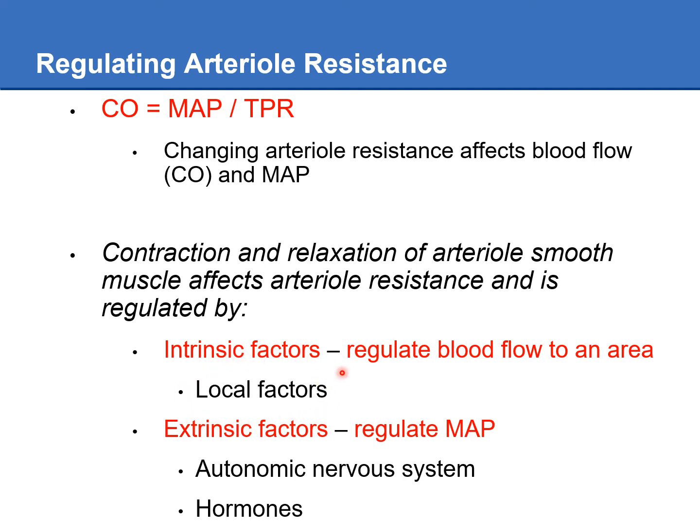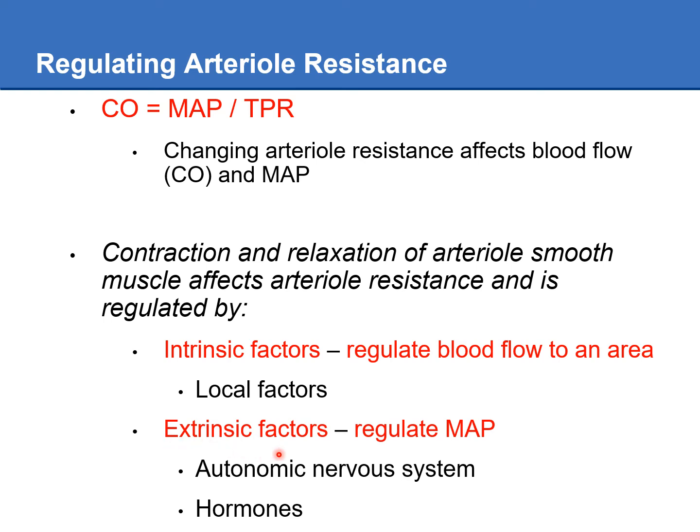That's going to be responsible for regulating blood flow to that organ or that area. So if an organ starts working harder, using up the oxygen, generating lots of carbon dioxide, that will cause vasodilation because we need to increase the blood flow to the area. And remember, that goes back to the flow rule again. If you vasodilate, decrease the resistance, that'll increase blood flow to that area or that organ.